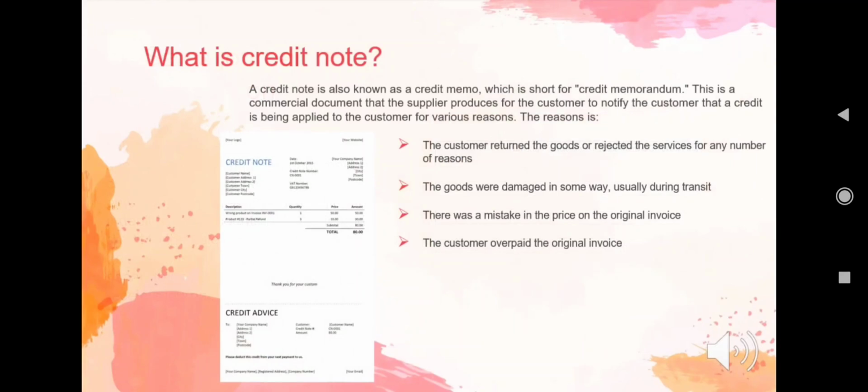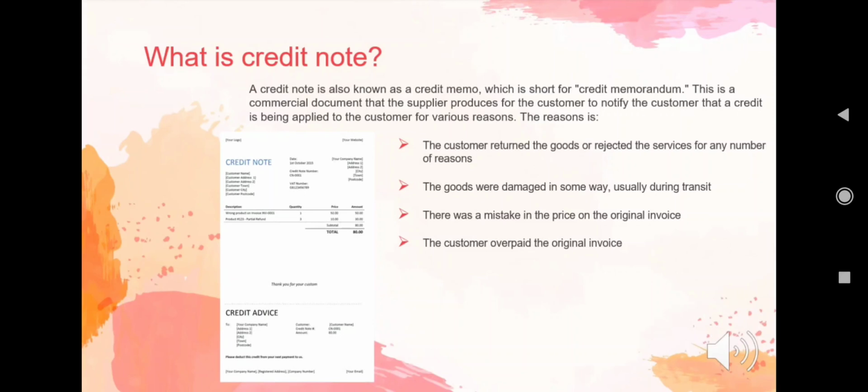What is credit note? A credit note is also known as a credit memo, which is short for credit memorandum. This is a commercial document that the supplier produces for the customer to notify the customer that a credit is being applied to the customer for various reasons.